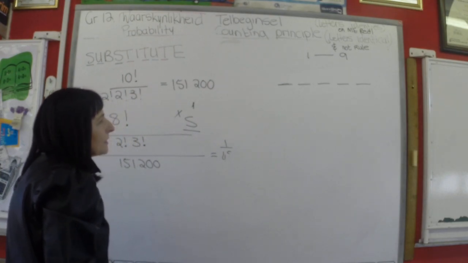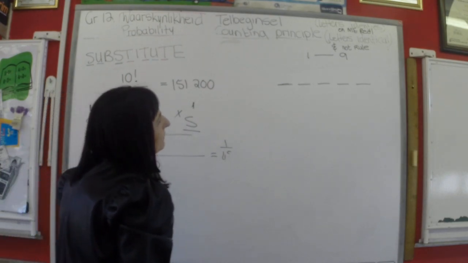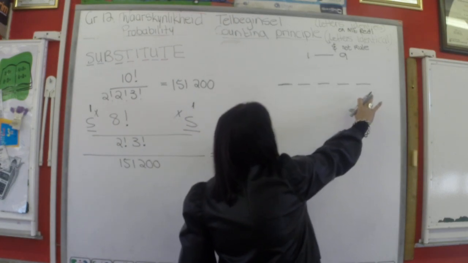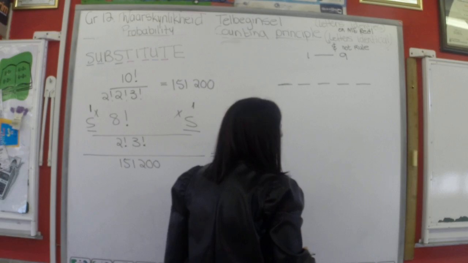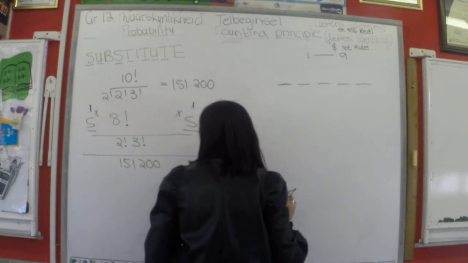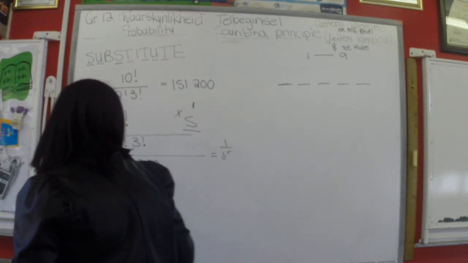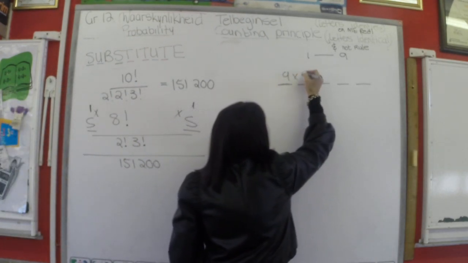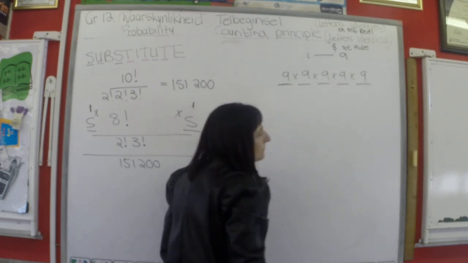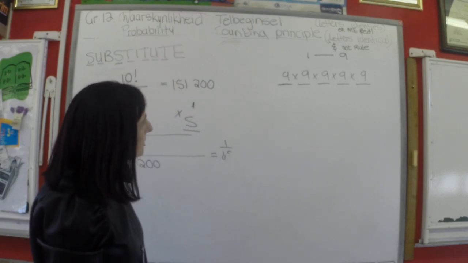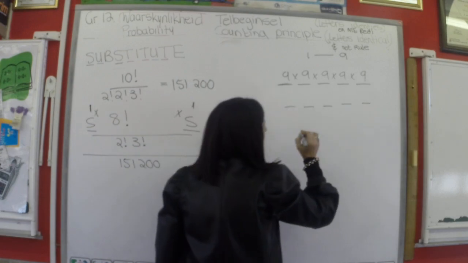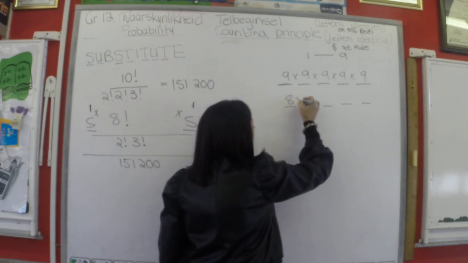So kom ons gaan kyk na die scenario van 5-syfer kodes van 1 tot 9, the total scenario, if there's no restriction. So ek het van 1 tot 9, so ek kan gaan sê, in the first place, I can have 9, second place 9, third, fourth and fifth. That's that total scenario. Nou gaan kyk ons na, as ek geen 6 mag insit nie. Geen 6, then there's only 8 digits left.